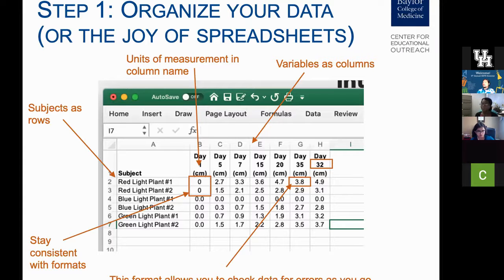So one thing that I'm going to do before I jump into my description is share with you a Google folder in my Google Drive. It has the fake data that I use for this plant light study, as well as a Word document with the resources and links that you'll see further on, as well as a data set called the Iris data set, which has been used in biological research for a really long time.